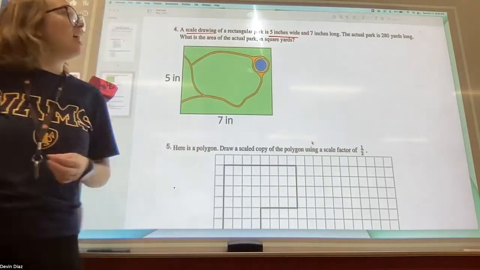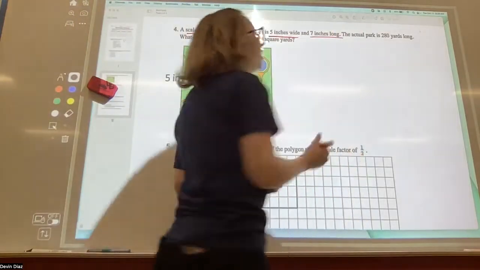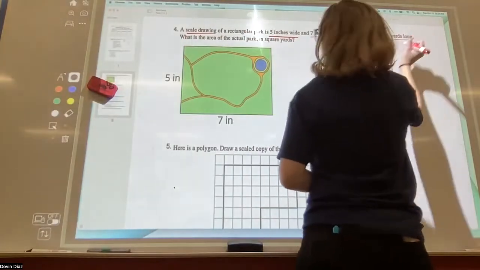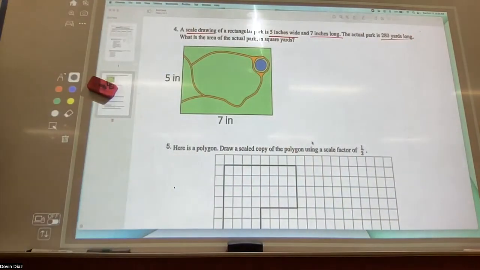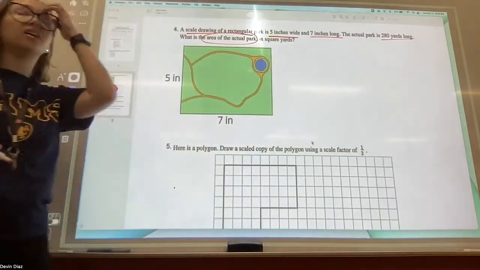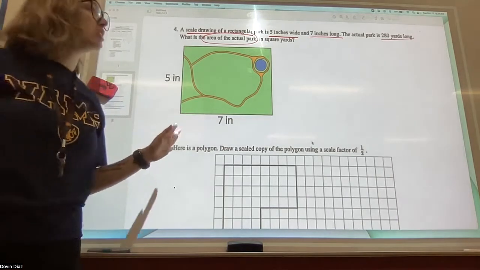That does work. And 7 inches long. Ooh, we got that. The actual park is 280 yards long. Ooh, nice. You guys are doing great. And then it says, what is the area of the actual park in square yards? It's mentioning square yards, which means that I actually don't need to do any conversions.